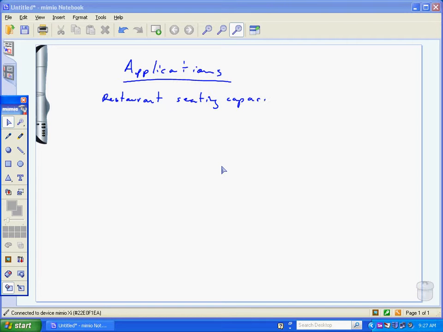Hold on. Capacity of 100 or less will make $20 per seat.